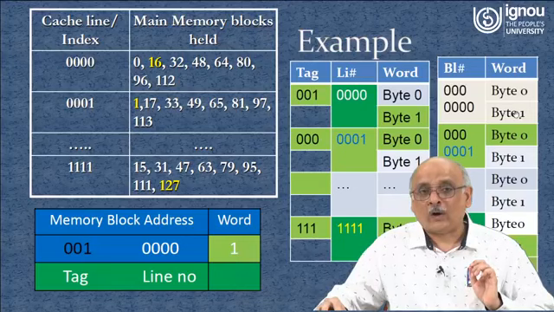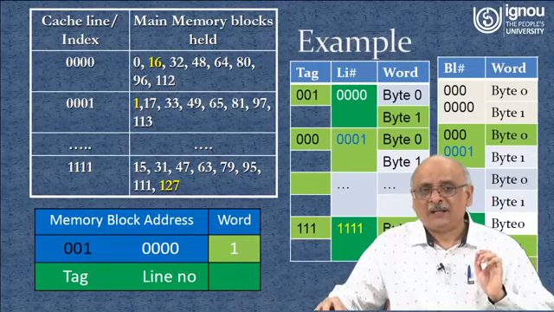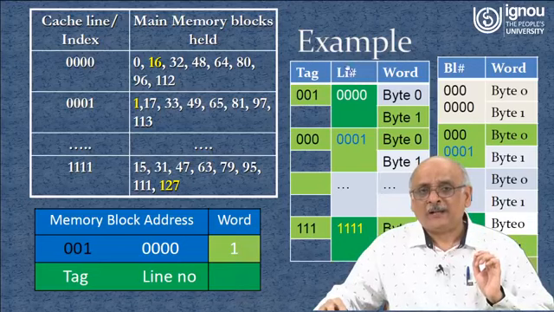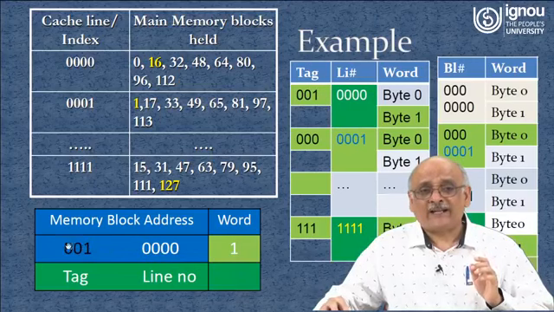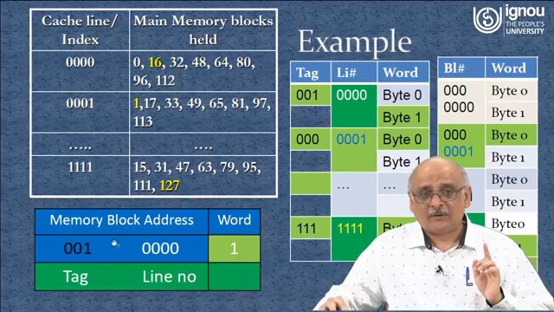So let's look into this particular diagram once again so that I can make it clear to you. These are the cache lines, okay, and these are the locations which we are referring to. If I want to look into a memory address 001, 00001, what is this equivalent to? This is a memory address where the block number is 16.